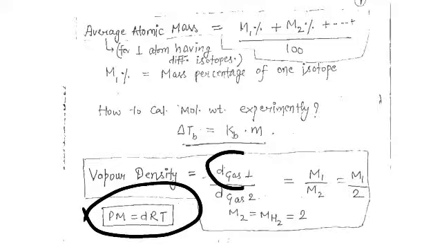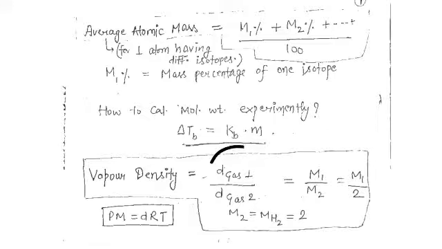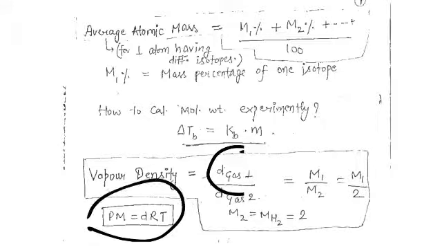And if you have been given pressure or molecular weight and asked some kind of manipulation, I hope you are understanding what I am trying to say. In that case you will get a lot of help. So here you just need to know that this density is actually PM upon RT.